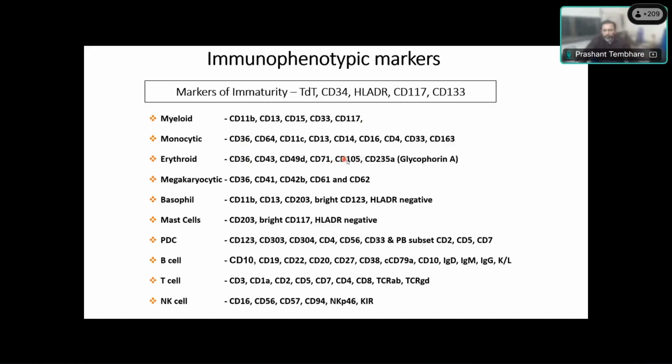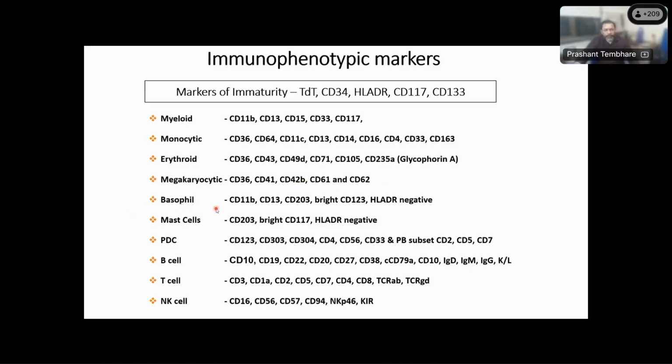We have CD105, glycophorin A, CD43, CD49D. These are the markers which are specifically used to focus on erythroid lineage. That is NRBCs. For megakaryocyte, we have CD36, and we have specific proteins which are used in platelet antigen basically. So these are CD41, CD42B, CD61, CD62.